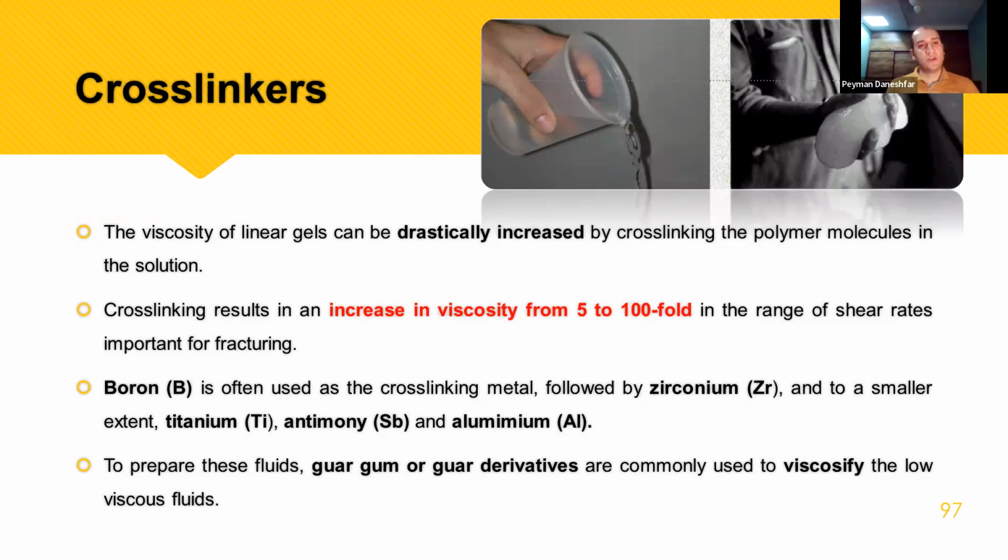We can use some elements like boron, titanium, antimony, aluminum, and zirconium as crosslinking metals. Guar gum or guar derivatives are commonly used to viscosify the low viscosity fluid.